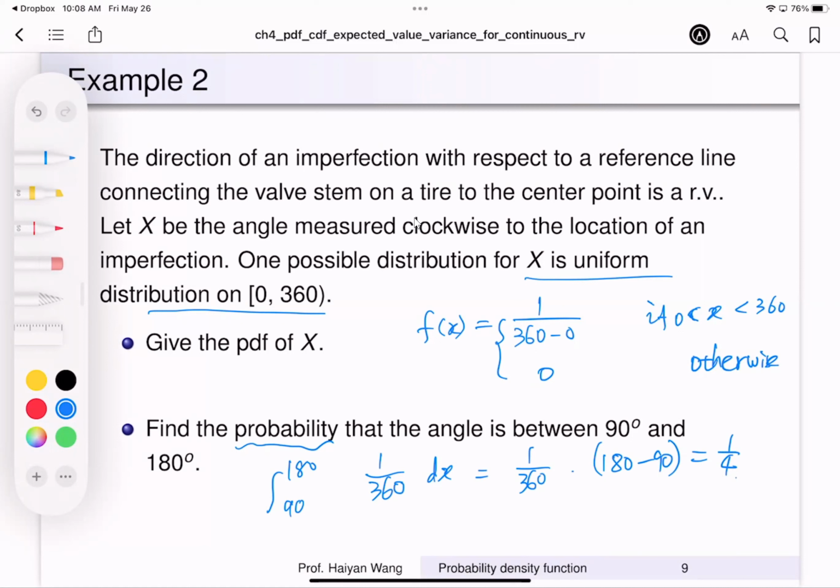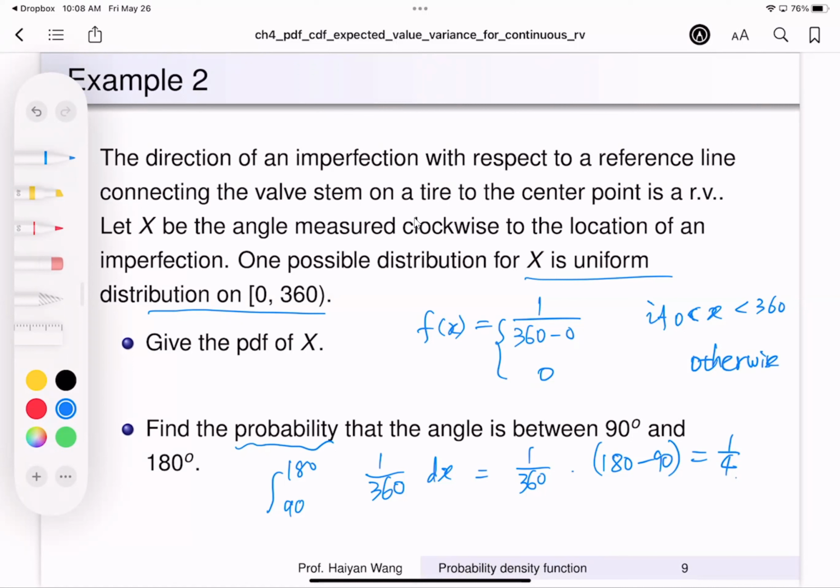Going from 90 to 180 is a 90 degree change, and 90 degrees compared to 360 degrees is a quarter of it. So it makes sense that if the probabilities are evenly distributed, then 90 degrees compared to 360 degrees is a quarter of the probability.